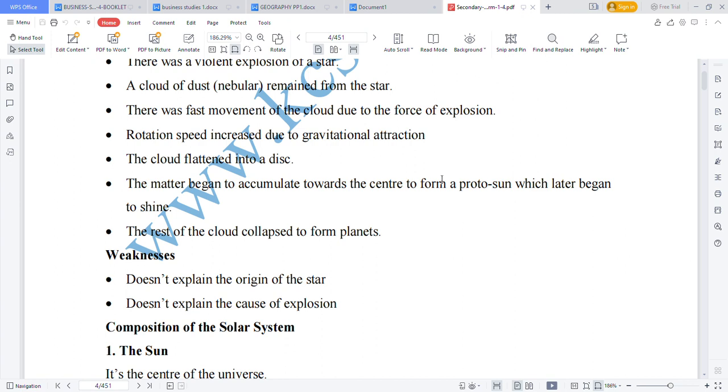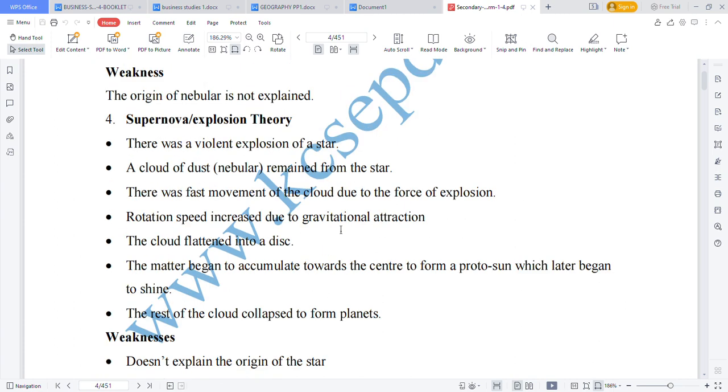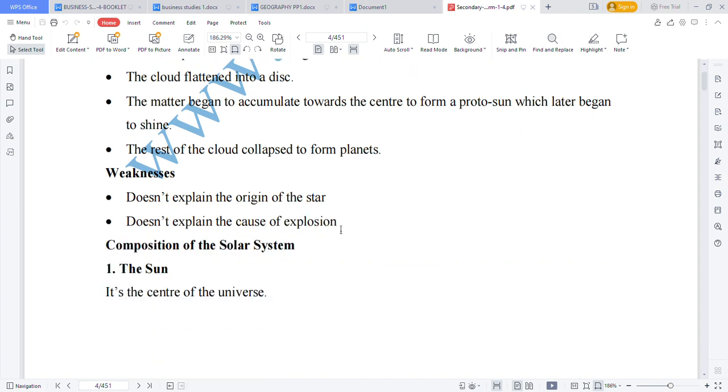The cloud flattened into a disk. Then the matter began to accumulate towards the center to form a protosun, which later began to shine. The rest of the cloud collapsed to form planets. So that is explosion theory or supernova theory.